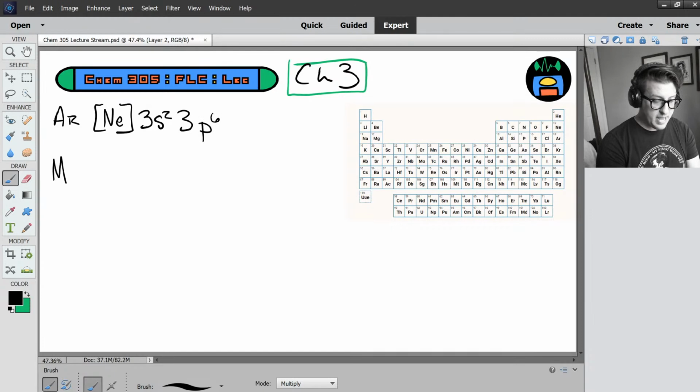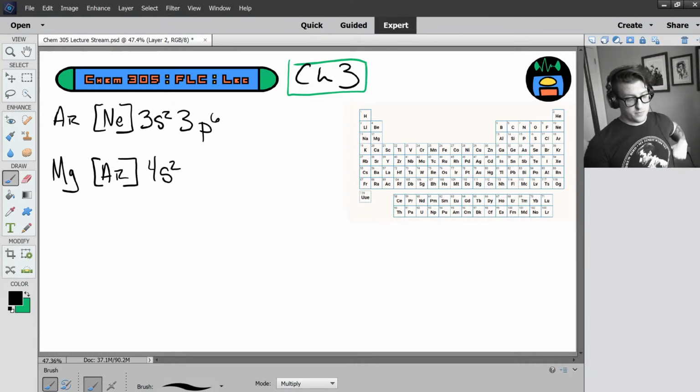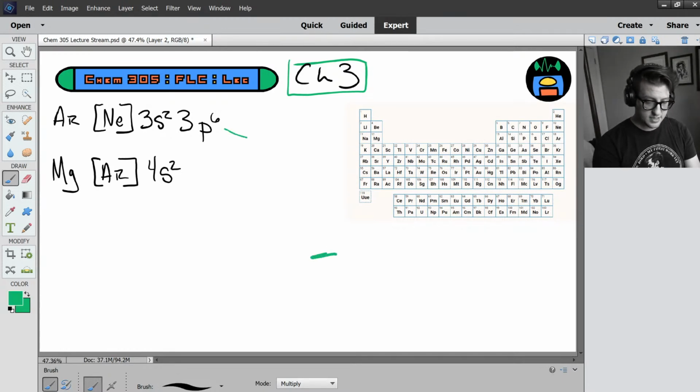And then we wrote out magnesium. And magnesium has all the electrons of argon plus 4s2. And we said this was confusing because we asked, where are the d orbitals?